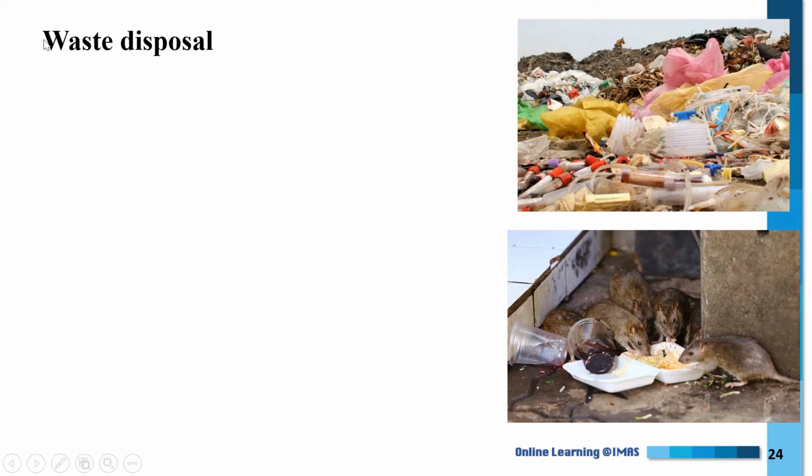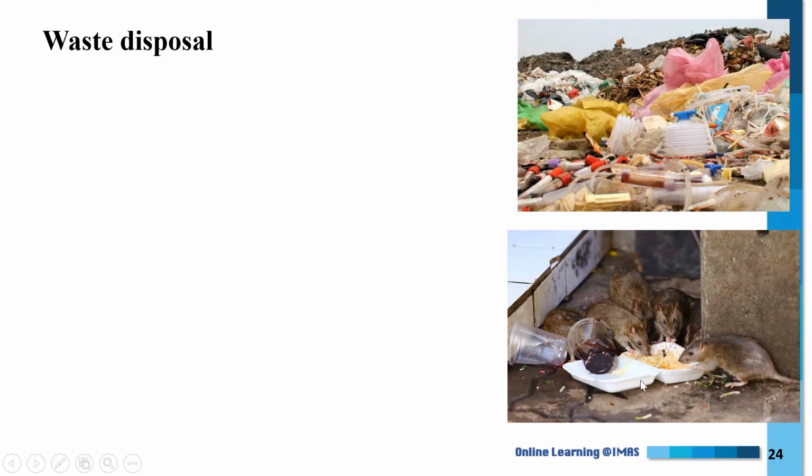Okay, waste disposal. When we simply throw away the food, that food will attract what we call rodents, for example vermin. Vermin means all the rats, birds, insects, dogs, cats.